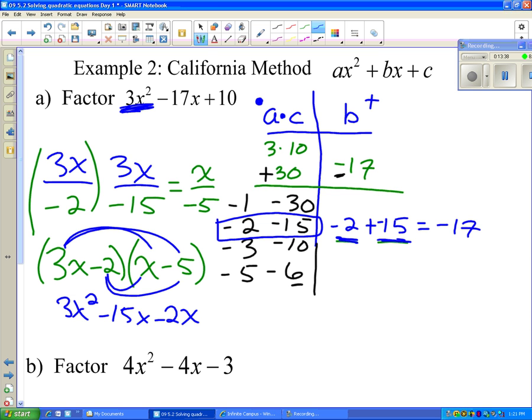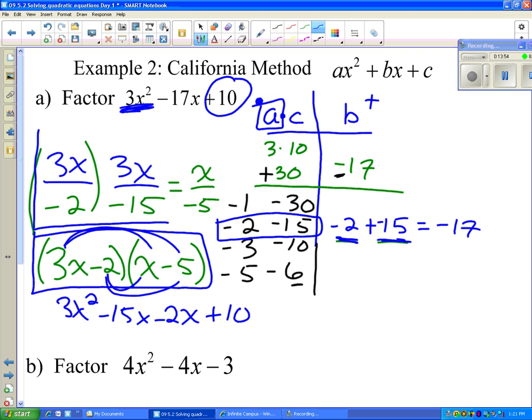And my last will be my positive 10, just like I have up here. All the pieces fit together, all the pieces work, but you have to throw in that extra little a, and you have to throw in these weird little fraction things here, but it does give me my answer of 3x minus 2 times x minus 5.